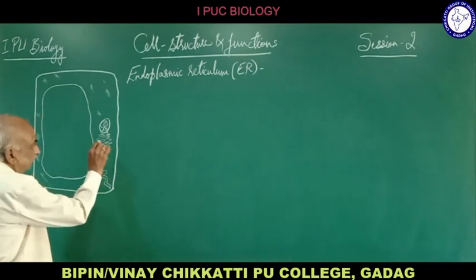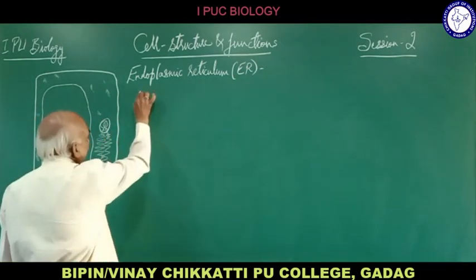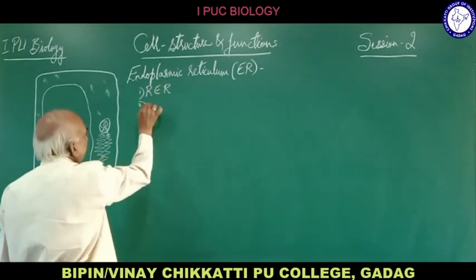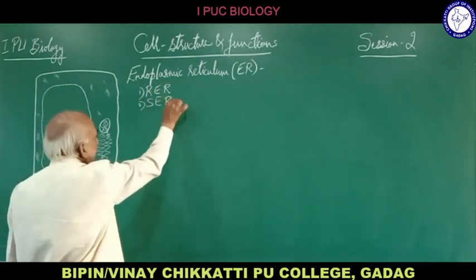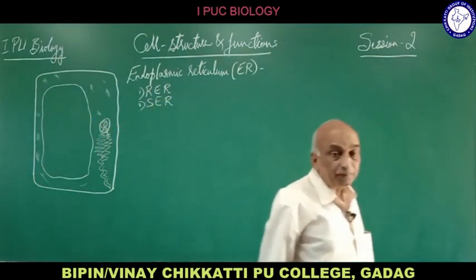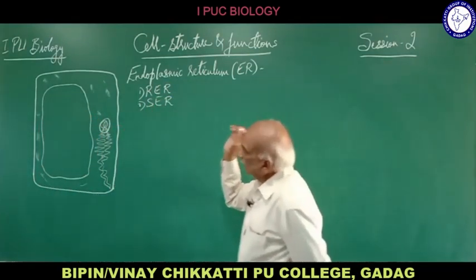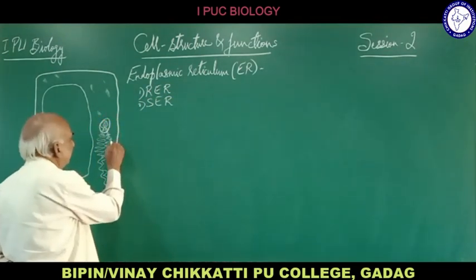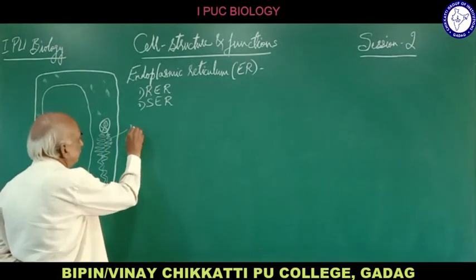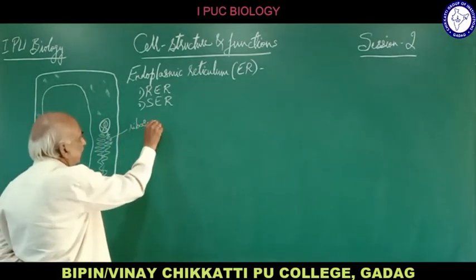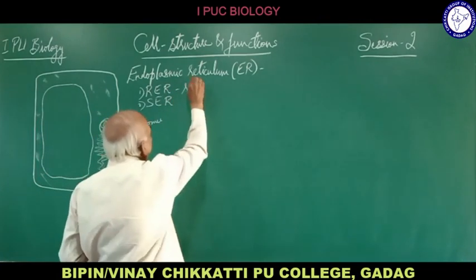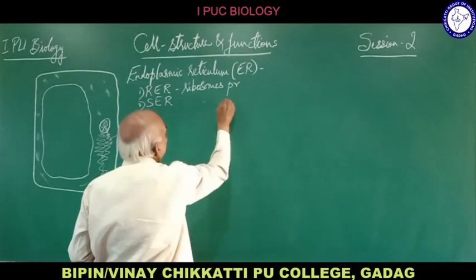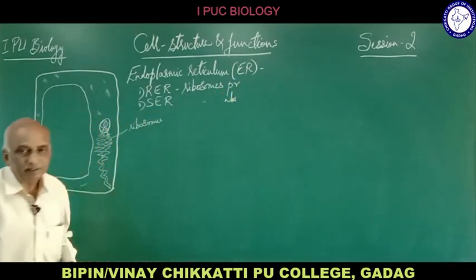Now there are two types of endoplasmic reticulum, based on whether ribosomes are present or absent: smooth endoplasmic reticulum and rough endoplasmic reticulum. Rough endoplasmic reticulum is the endoplasmic reticulum which has ribosomes.